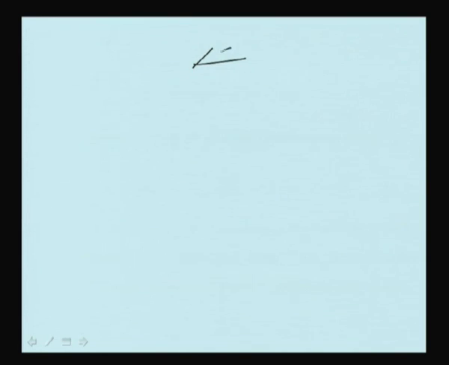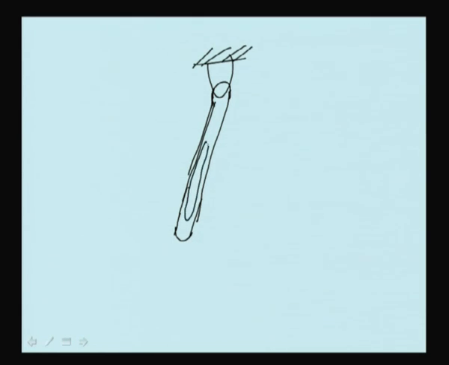Here, this is a link, a ring is there, and this ring is having a slot, and in this slot a bar is kept, which can slide, and this is another ring which is hinged here.